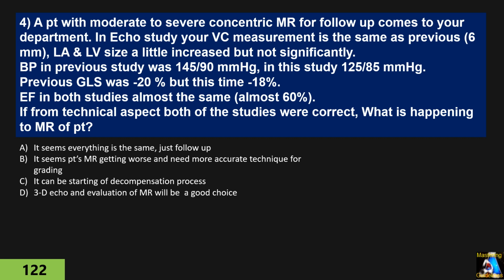A: It seems everything is the same, especially those important parameters. The other changes are not significant, so we just do follow-up at 3 or 6 months. B: It seems the MR is getting worse, even though the result is almost the same for grading MR, but we need some more accurate technique like spectral Doppler, 3D, or so on.